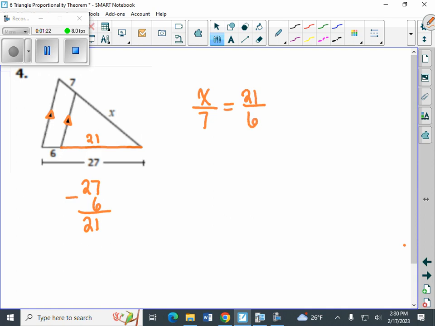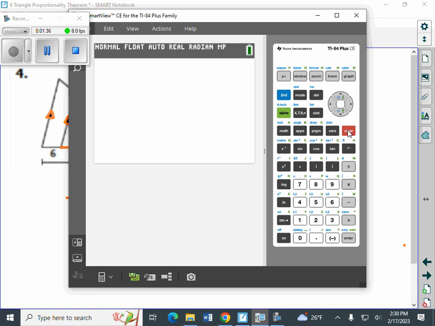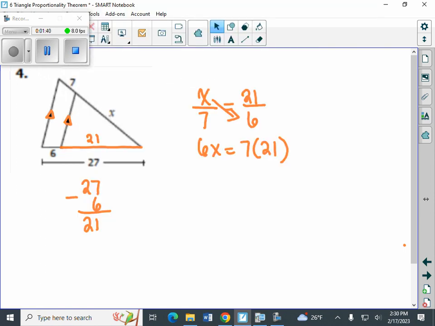And what we're going to do is cross multiply. So x times 6 equals 7 times 21. We can flip over here to the calculator to figure out what 7 times 21 equals. And it equals 147.